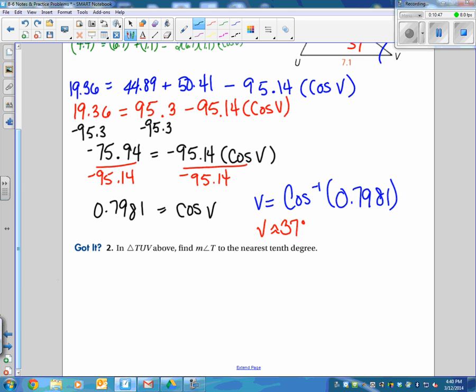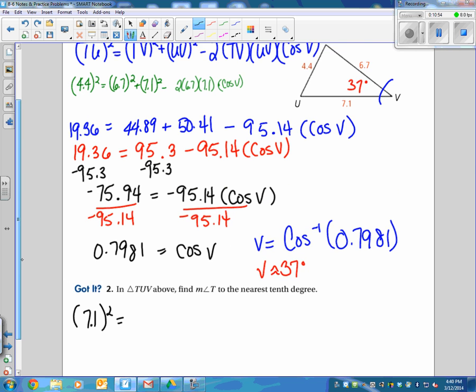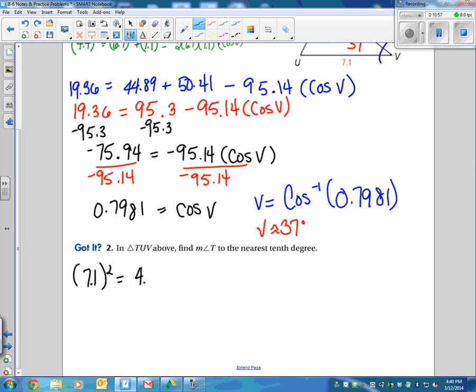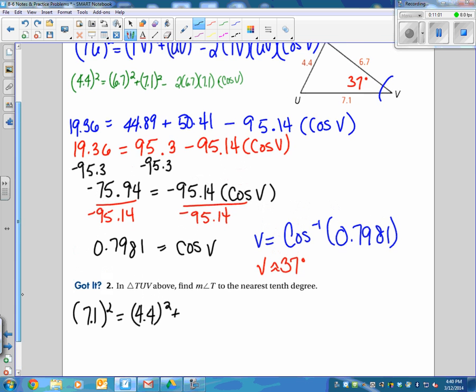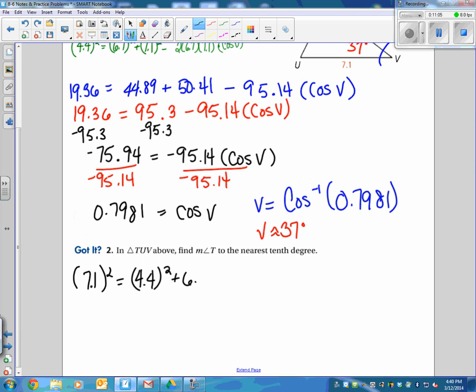So the side across from T is 7.1, so we're going to say 7.1 squared equals, and then we're going to use the other two sides, 4.4 squared, and the third side, which is 6.7 squared. Okay, and again, minus 2 times 4.4 times 6.7, and then of course the cosine of the missing angle T, which is what we're looking for.